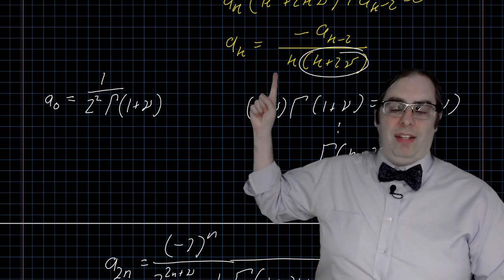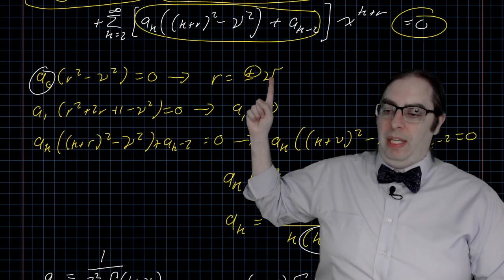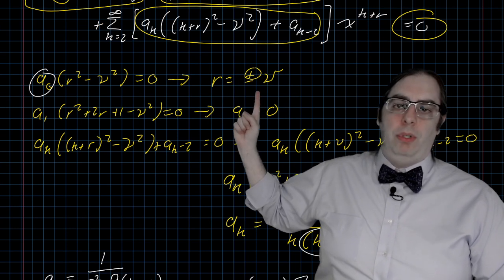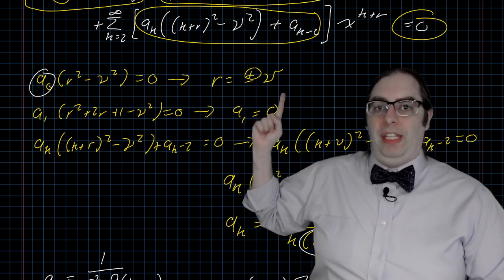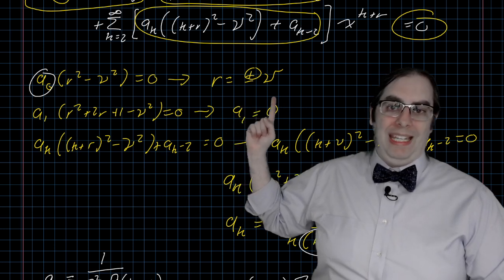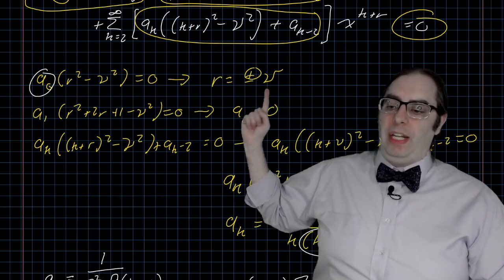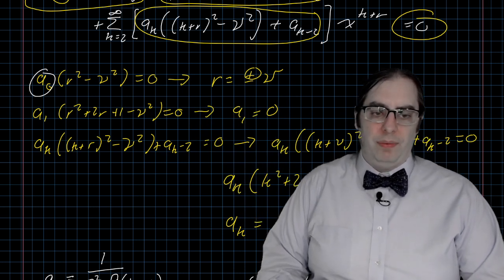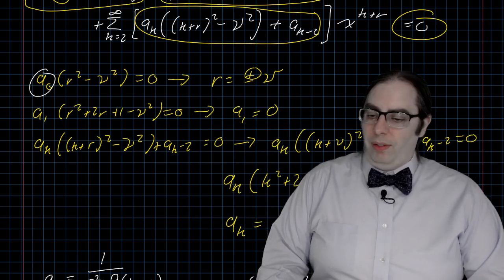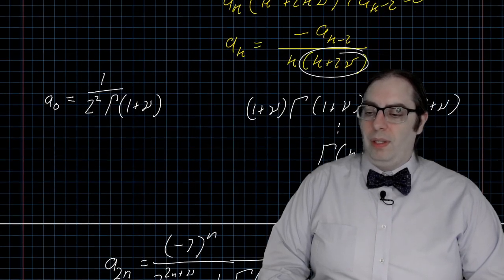If you're able to get that recursion relationship and this relationship, which I just realized I never wrote the name down for, this is called the indicial relationship or the index relationship, figuring out what r is in terms of the parameters in the equation. All right. It's tiring, it's messy, but it's not as bad as it seems.